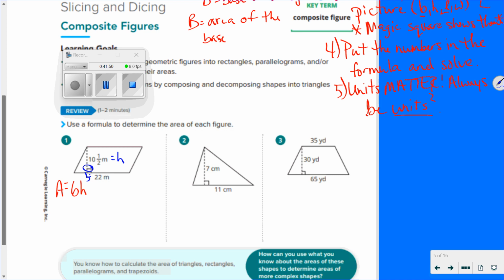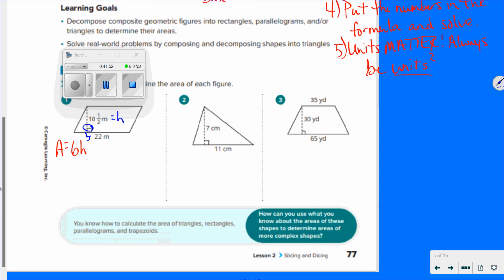Because now that I've identified everything, all I have to do is put these into my formula. So it's now area equals, my base I said was 22 meters. My height I said was 10.5 meters. I have a mixed number that I'm multiplying. What do I need to do? Ava? First multiply 10 by 2 and then plus 1. Good, 20, good, 21 over 2.